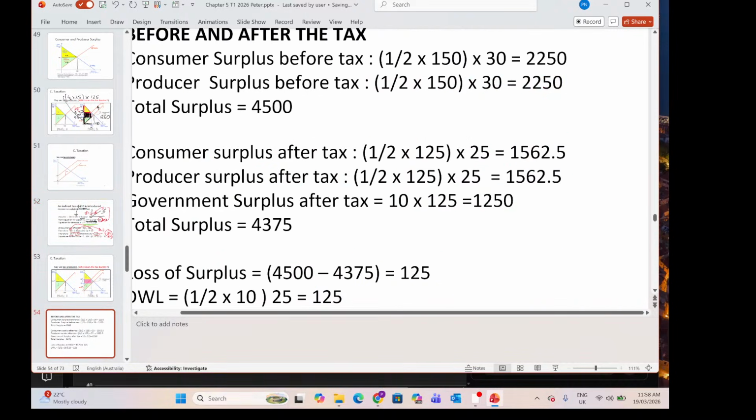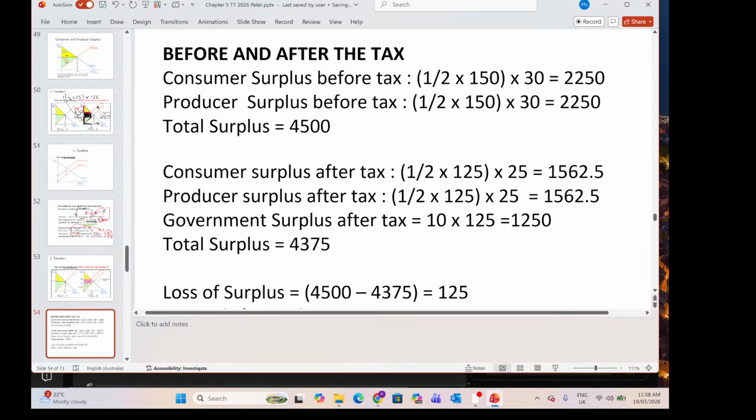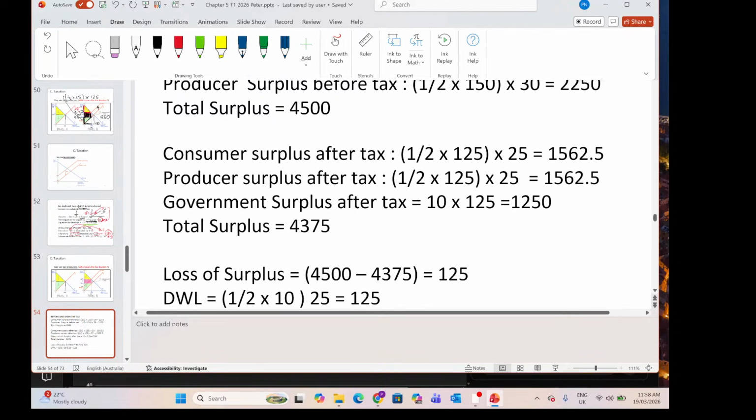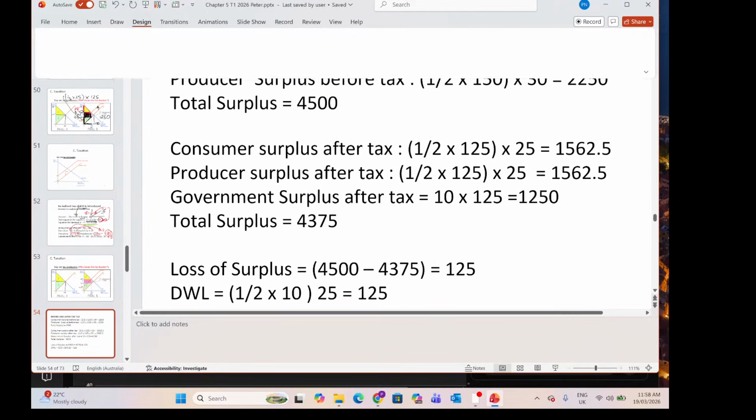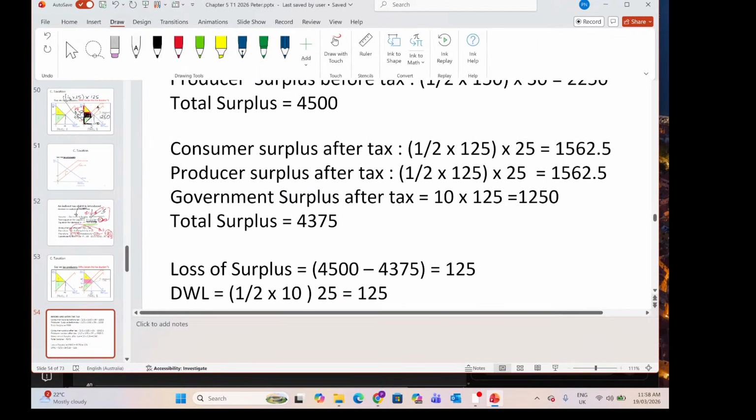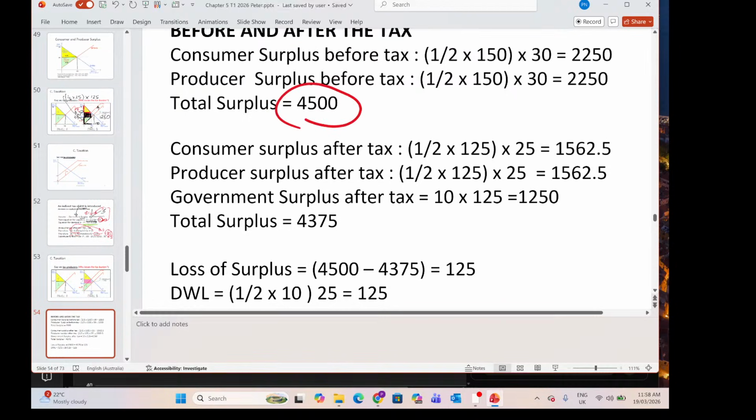Oops, sorry. So originally, our total surplus was 4,500. Now we've got a new consumer surplus, a new producer surplus.